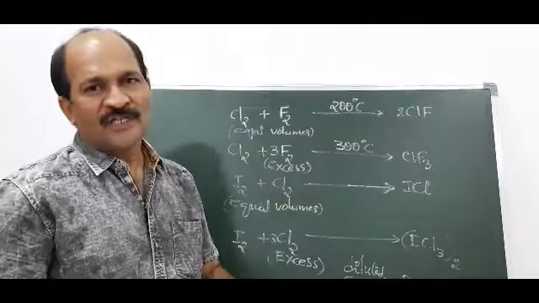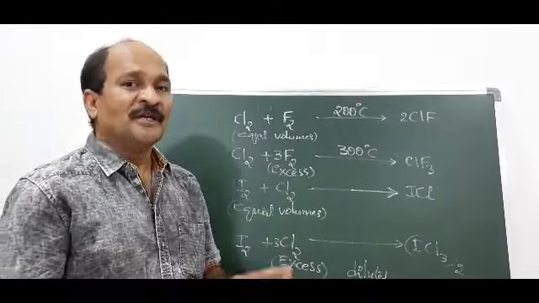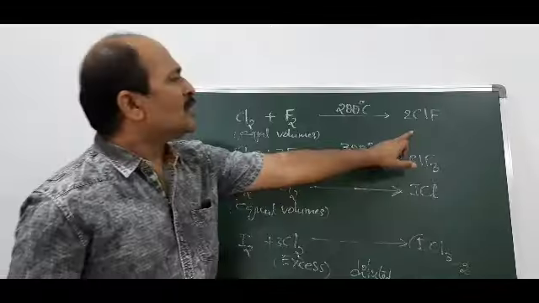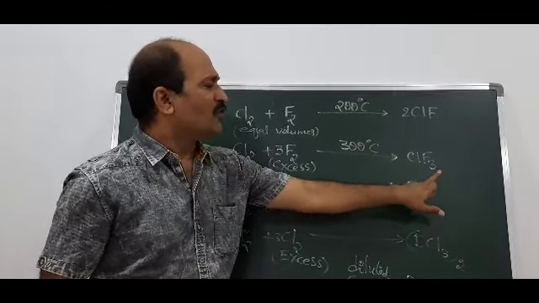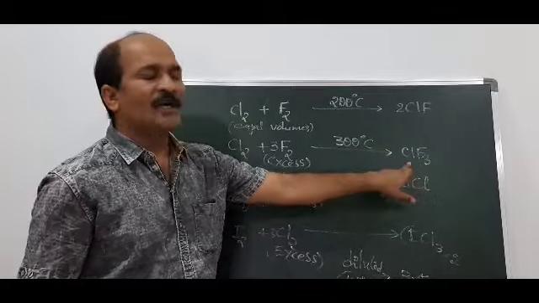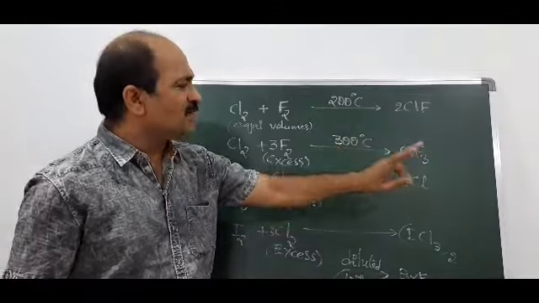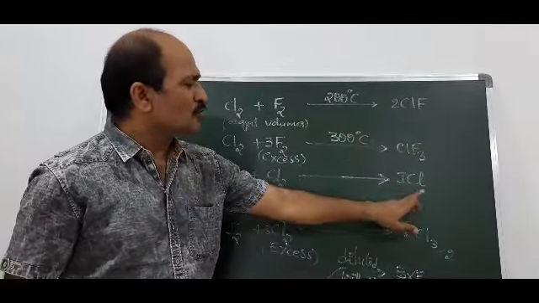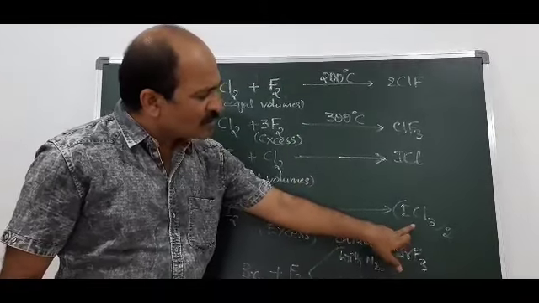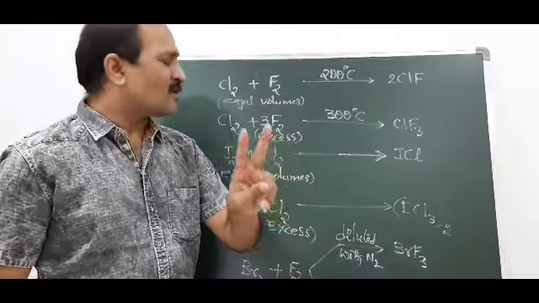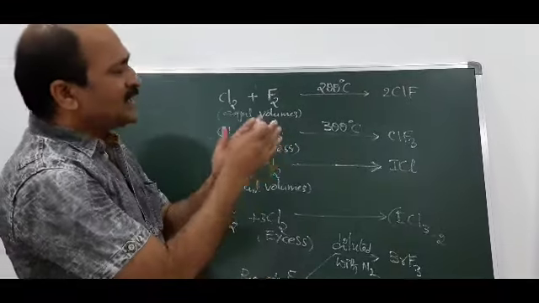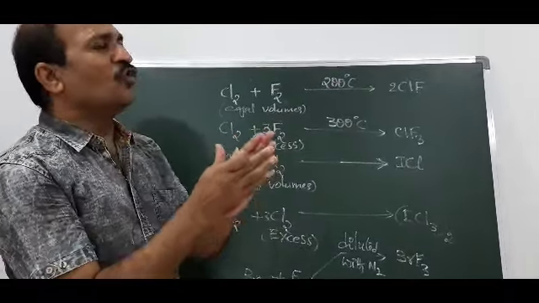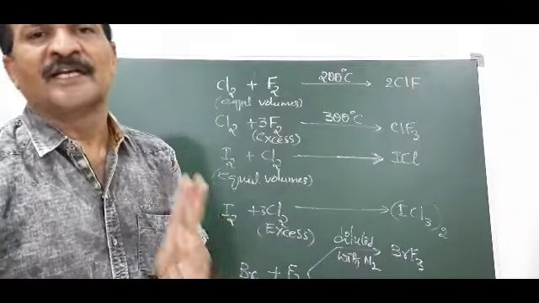Of course they can have more halogen atoms, but the types are only two. Look at this: one chlorine, one fluorine; one chlorine, three fluorine. Total halogens are 4, but the types are only two. Here also two types; totally halogens are 8, but types are only 2. So the important point to remember is that interhalogens are formed only between two types of halogen atoms.